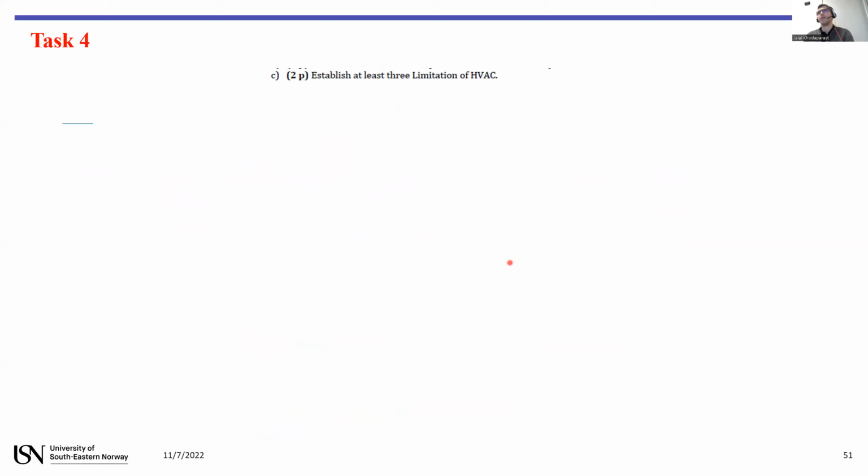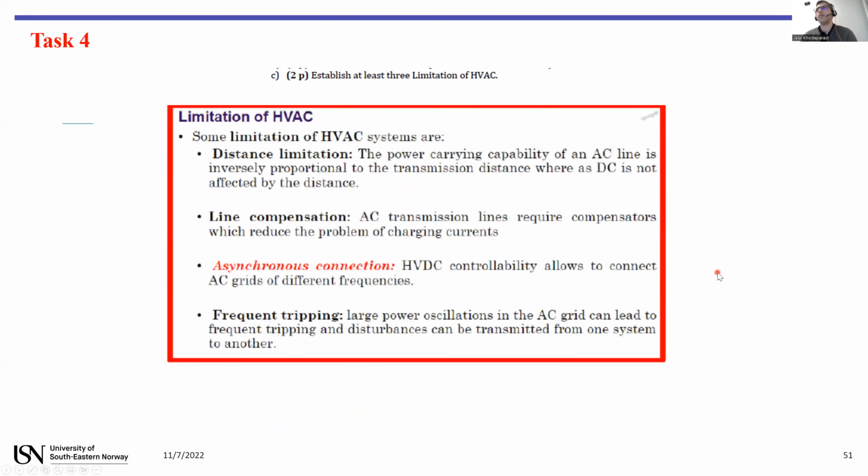Okay, the last part of this task asks for the limitations of the high voltage AC system. I got this from your PowerPoint, the course you had. You can use this description if you have this type of task in your exam. The main limitation is related to the distance of the high voltage AC.